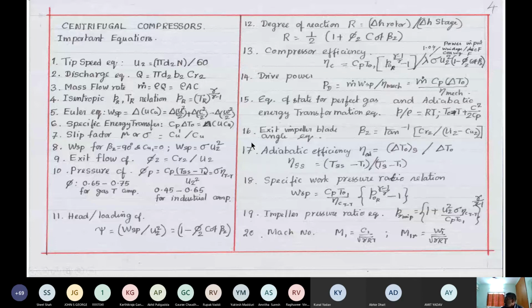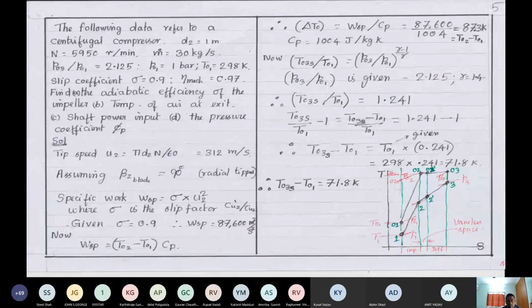The following data refer to a centrifugal compressor. The diameter D2 is equal to 1 meter. Speed of rotation is 5,950 revolutions per minute. Mass flow rate is 30 kg per second. Stagnation pressure ratio is 2.124. P01 is 1 bar.